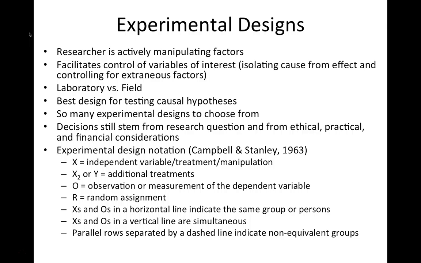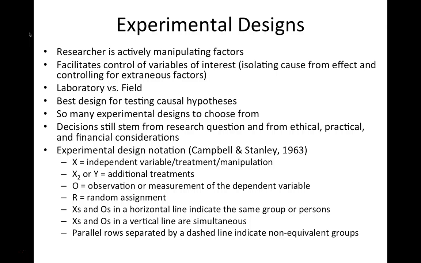And they were all the old white guys in the 60s who developed some of this nomenclature and some of the basic ideas behind these designs. So I'll show you some of these designs, maybe make note of some of these notations at this point, and then some of the notation that I use moving forward will make more sense for you.